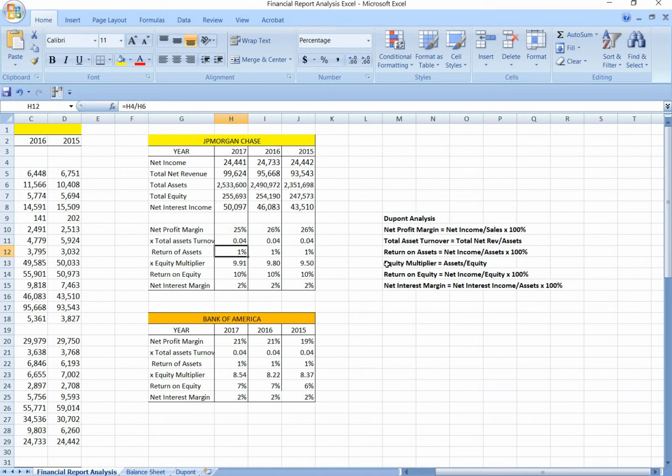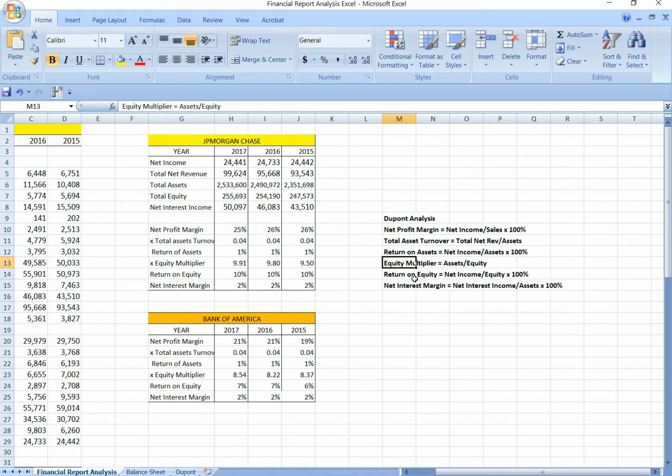Now let's move on to equity multiplier. Equity multiplier is assets divided by equity. It's a risk indicator that measures the portion of a company's asset that is financed by stockholder equity rather than by debt.